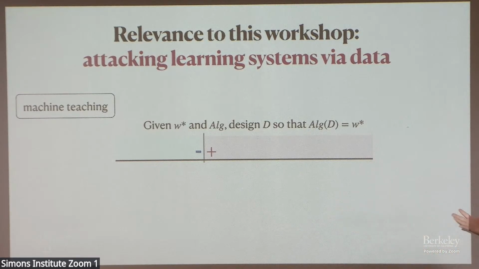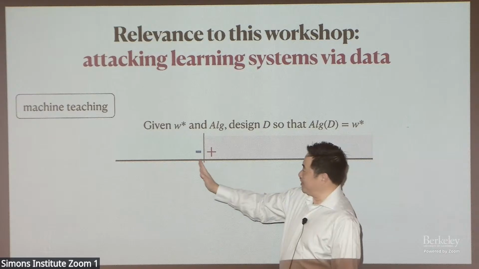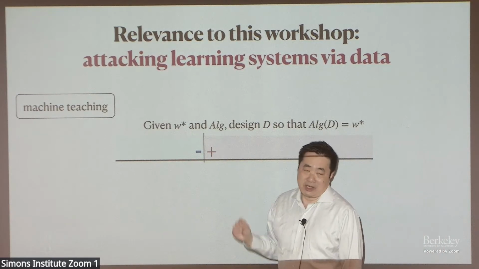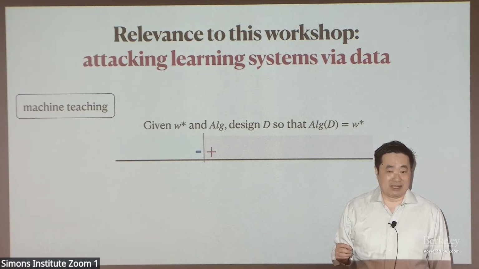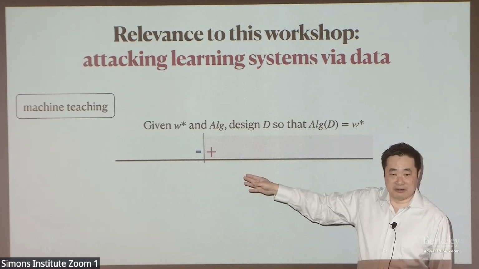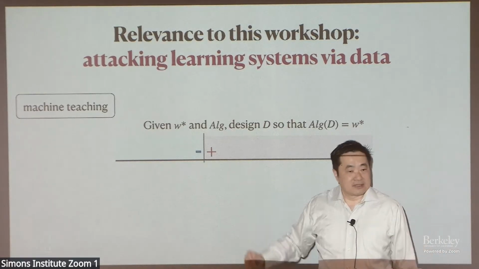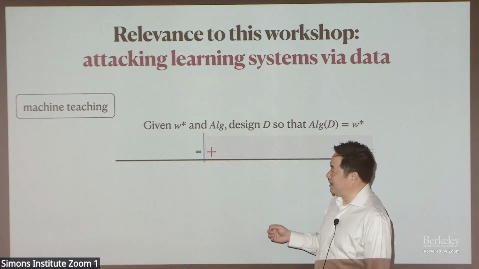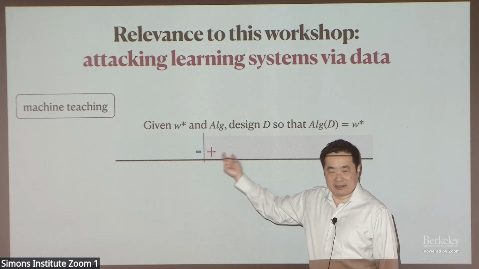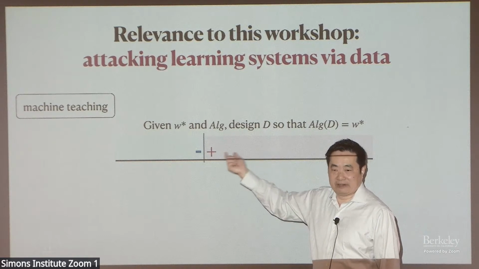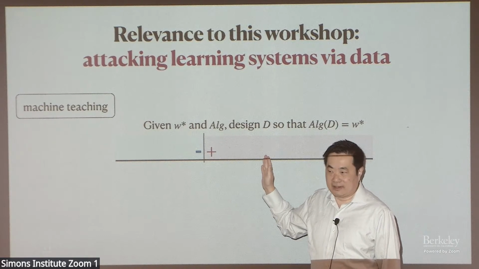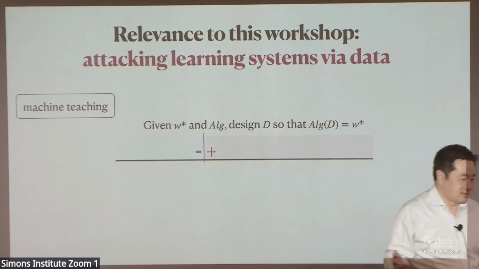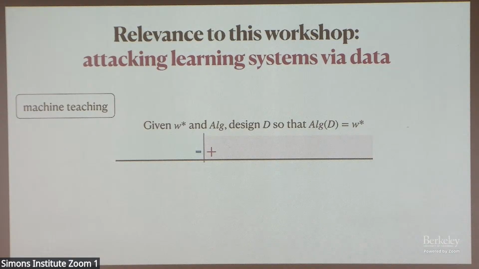If this space is document or email embedding, and this is your spam versus not spam classifier, and there's a true threshold for it, and somehow an attacker can feed in specially designed training data such as this, it can move where that positive negative pair is and force the spam learner to learn a different threshold. That was the concern, and we will see this perspective again and again.